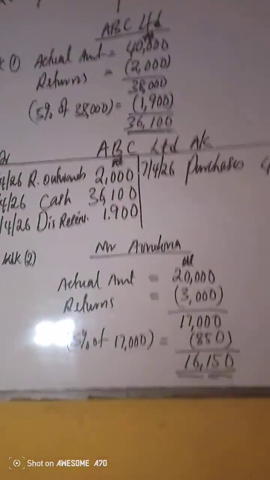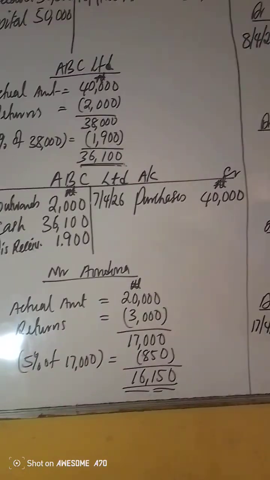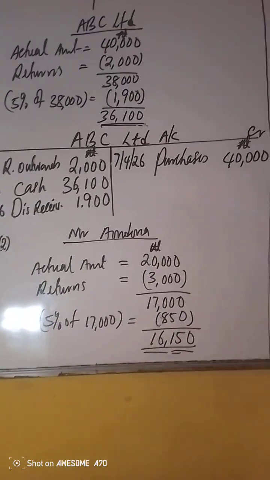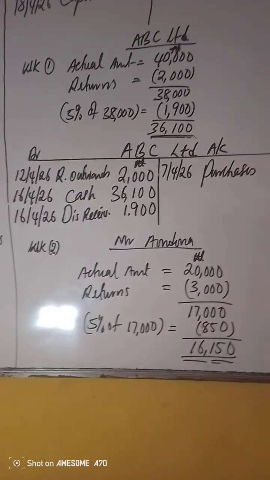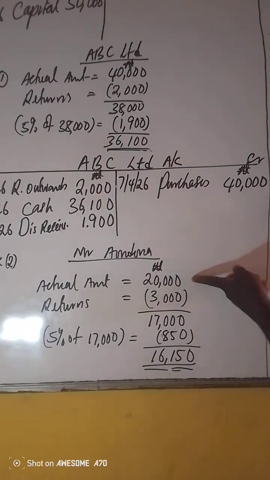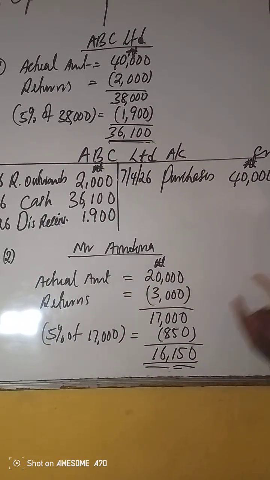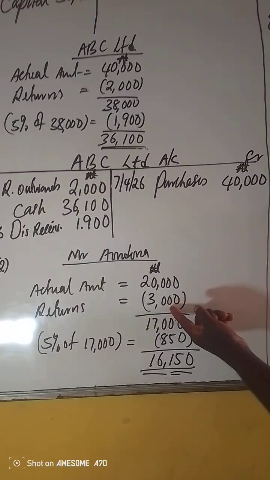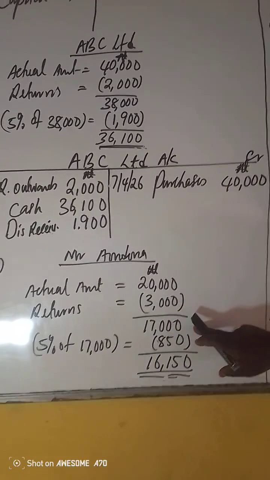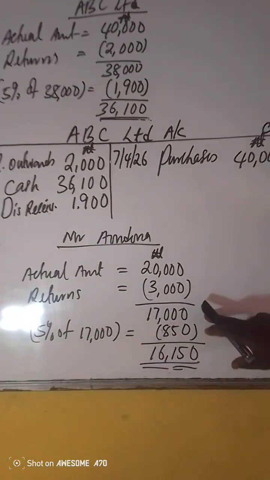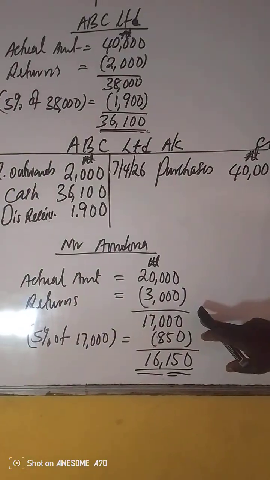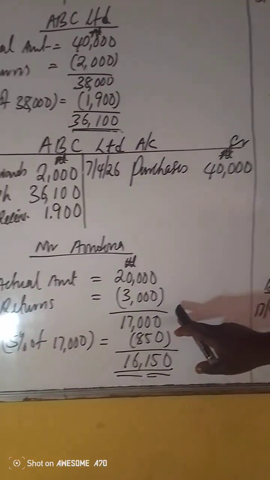Let's go back. If you watch my previous video, the business sold goods on credit to Mr. Onduna worth 20,000. In the process, there was a return inward by Onduna worth 3,000. So 20,000 minus 3,000 gives you 17,000. Then in the process of receiving 17,000, the business allowed a discount of 5%.